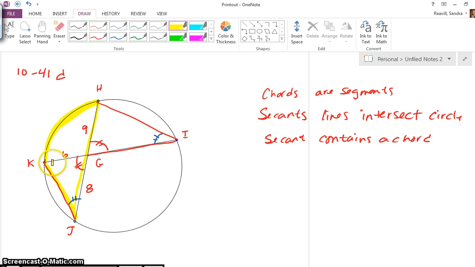Well, these are both inscribed angles, and they both intersect the same arc KH. Therefore, we know that those two angles, the angle at J and the angle at I, are in fact congruent. So we can use angle-angle similarity to set up a proportion. So we have triangle HIG similar to triangle KJG.